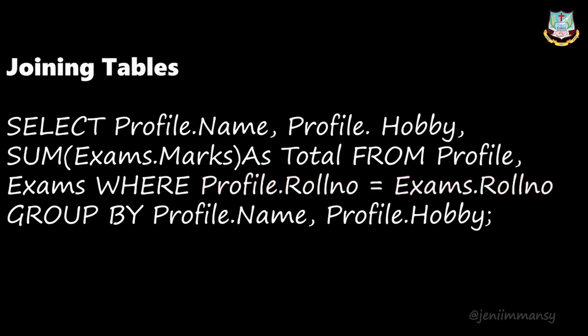Where this and this are equal, we are going to group by profile name, profile hobby. Here we have given two tables, and from these two tables, where the roll number of the profile and roll number of the exam are equal, we are grouping by profile name, profile hobby.